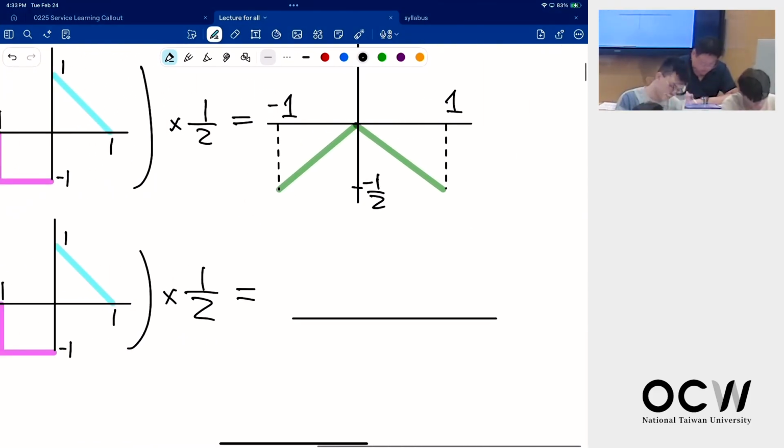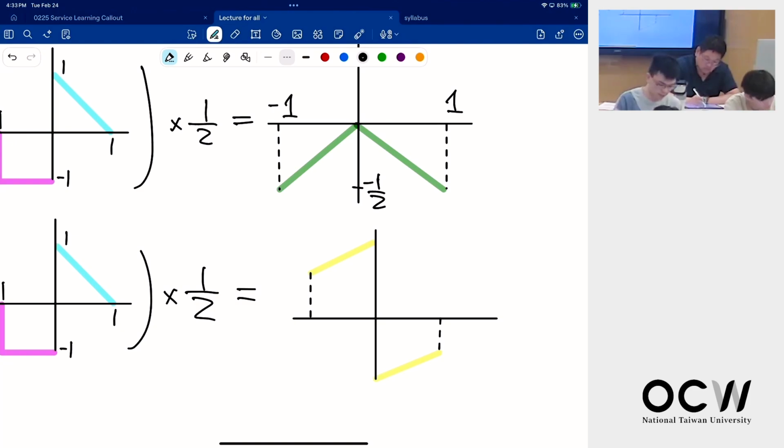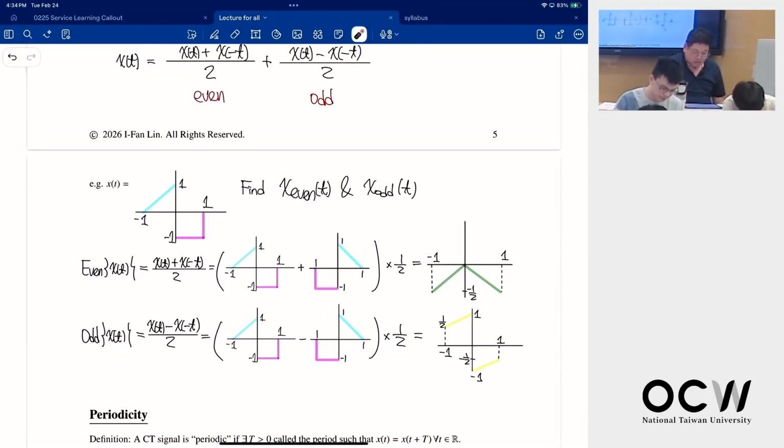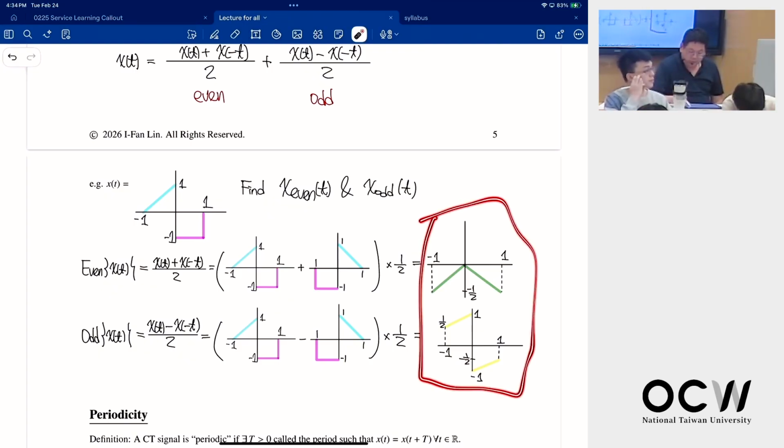Then you have this is 1, and here 1/2, minus 1, this is minus 1/2, here's 1. Okay? So the original signal can be divided into these two, the combination of these two signals. The even plus odd, they will give you here.